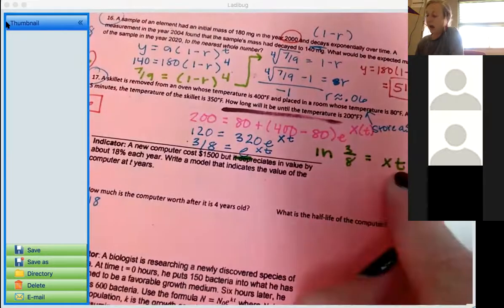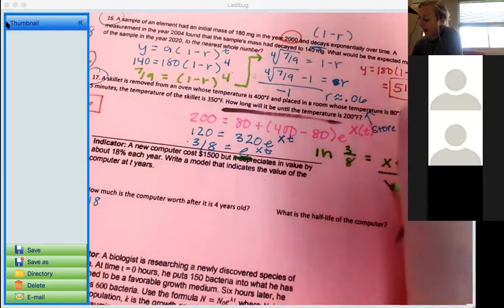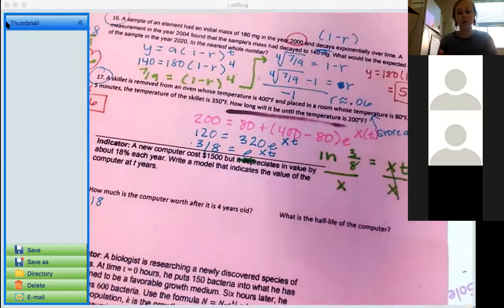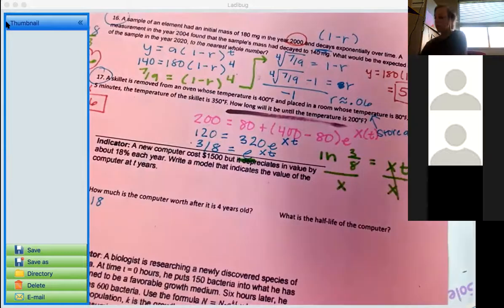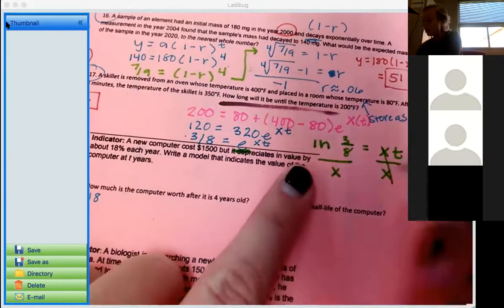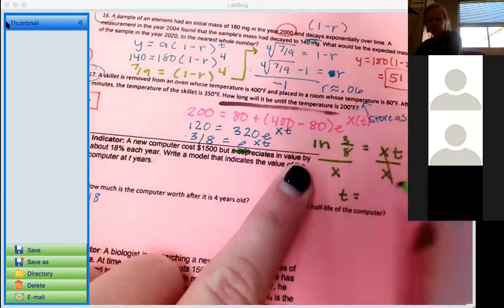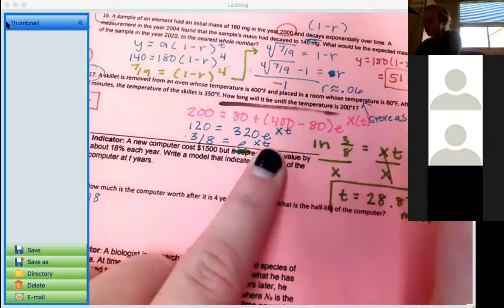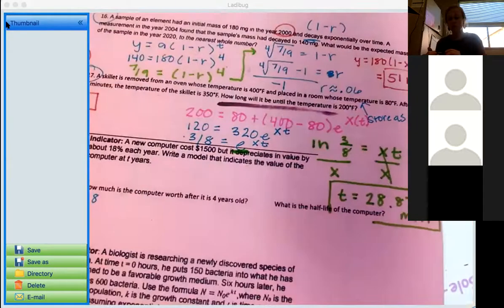And so to find time, we'll just end up dividing by our rate here. Remember, x is not a variable, it's my rate that I just found. And when you solve for t and plug all that in a calculator or into Desmos or wherever, you should get for the time, it'll take 28.87 minutes for that skillet to cool to 200 degrees.